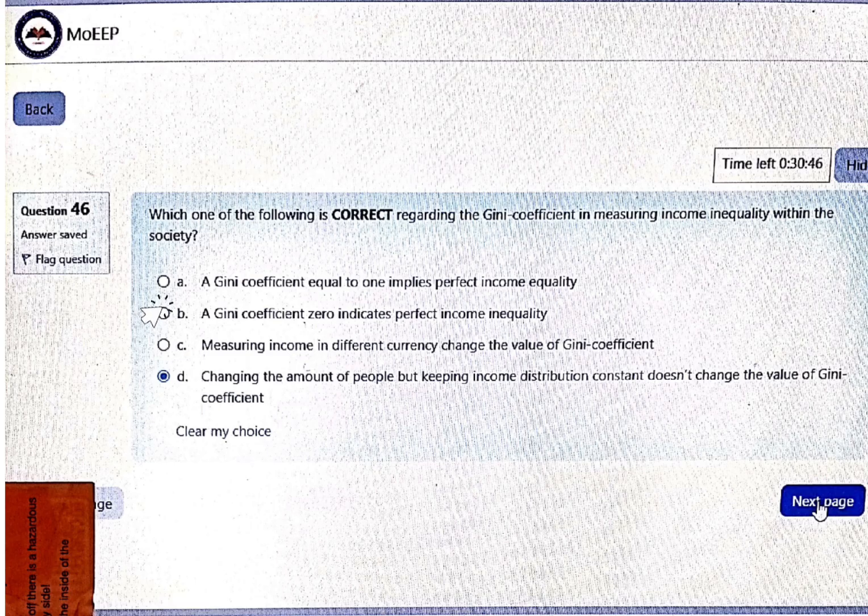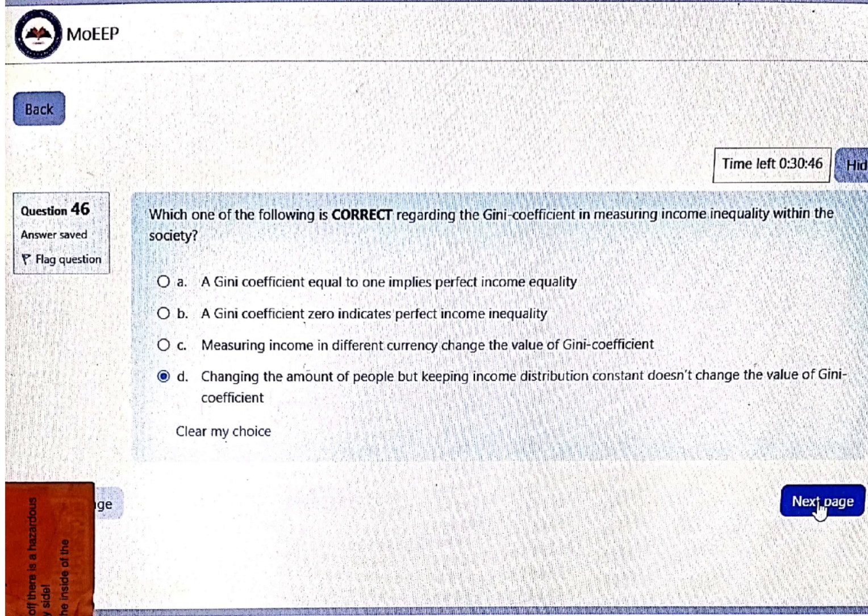C also, measuring income in different currencies changes the value of Gini coefficient. This is wrong because Gini is based on relative income distribution, so currency units do not affect it. So the final answer is changing the number of people but keeping income distribution constant doesn't change the value of Gini coefficient.